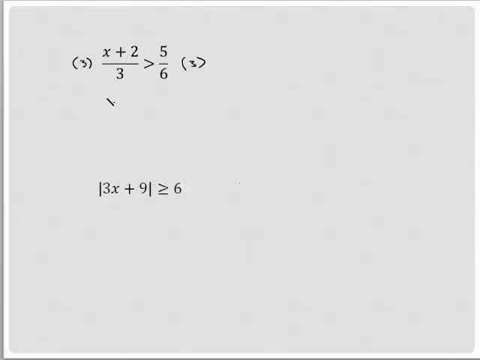And we'll get x plus 2 is greater than, we can simplify this 3 and 6, 5/2. Okay, so we subtract 2. Subtract 2, that would be subtracting 4/2. X is greater than 1/2.